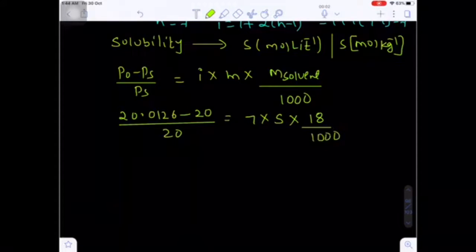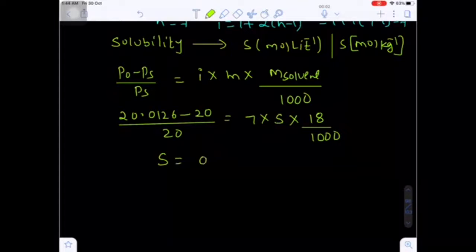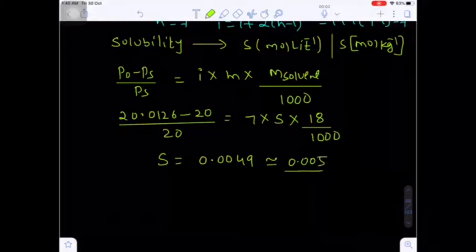After simplification, the solubility of the sparingly soluble salt will be equal to 0.0049, or approximately 0.005. But the question is moles per liter or moles per kg, because we are using the molality concept here.